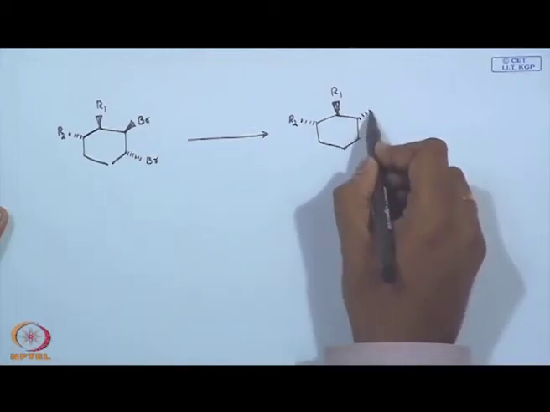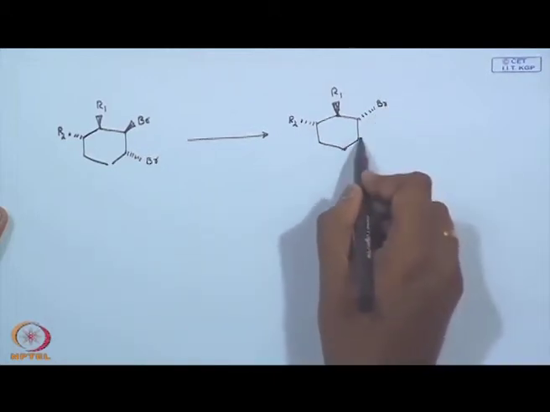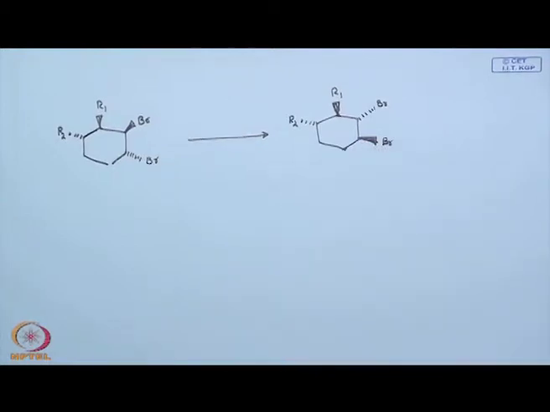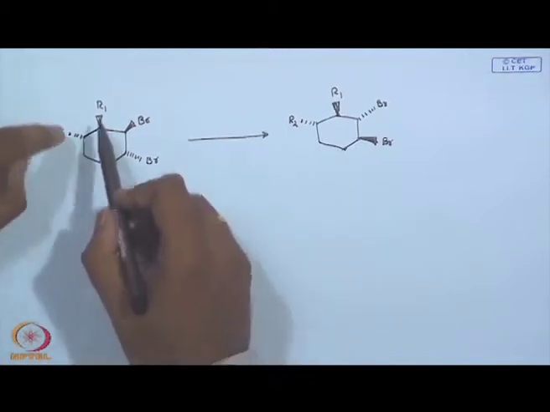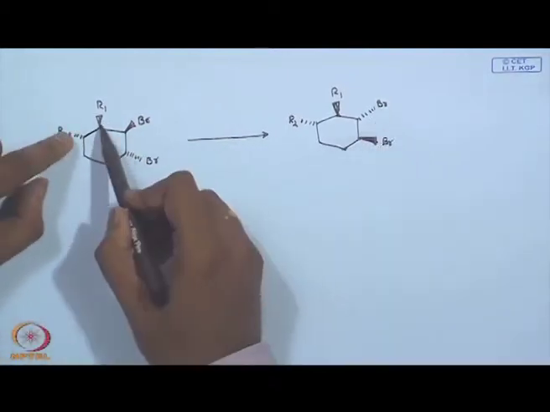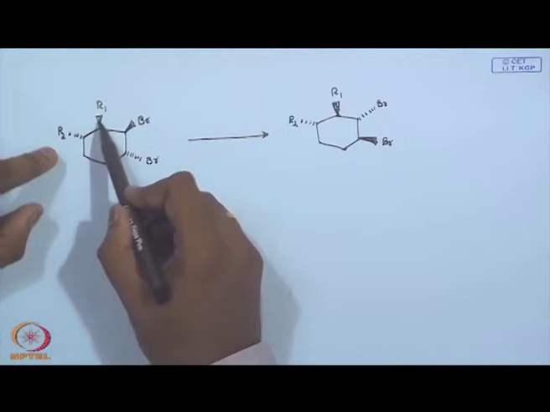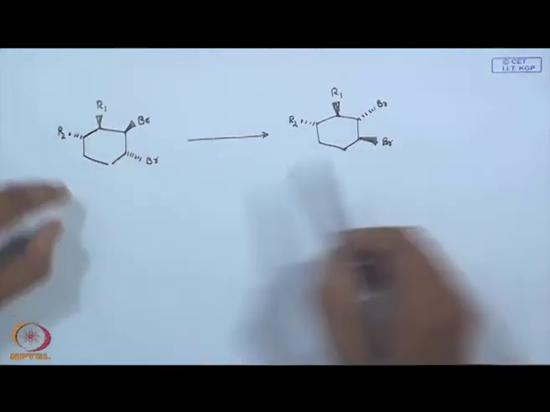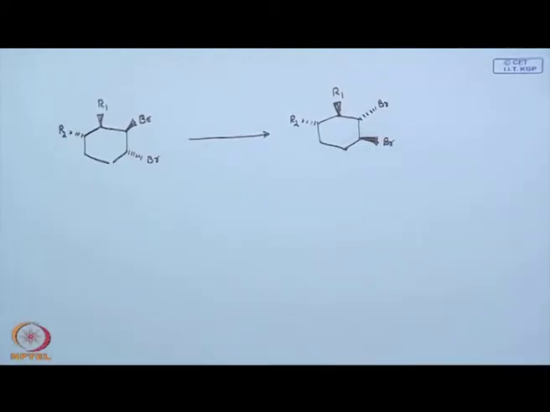Now if you see my bromines, they are completely interchanged. I have kept R1 and R2 fixed, and you see the stereochemistry of this: the bromines have been completely interchanged.